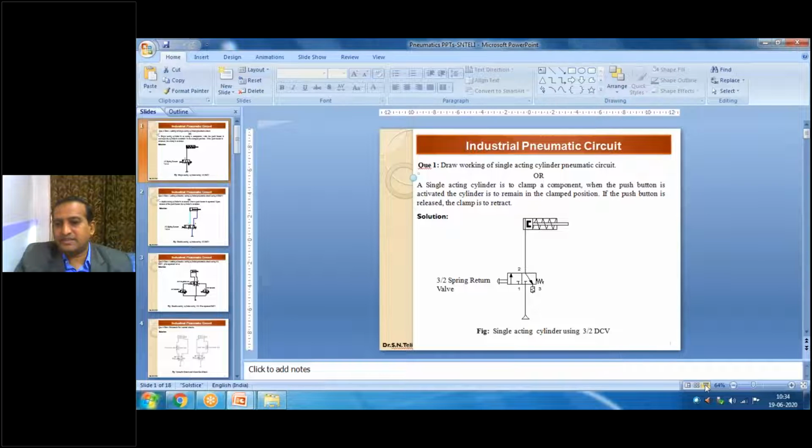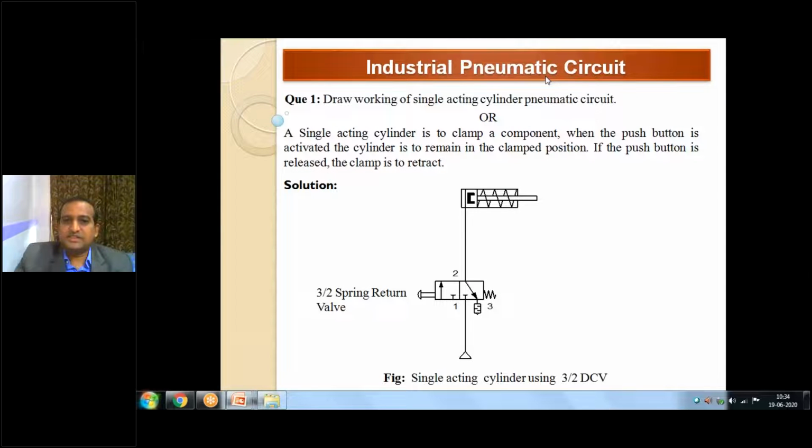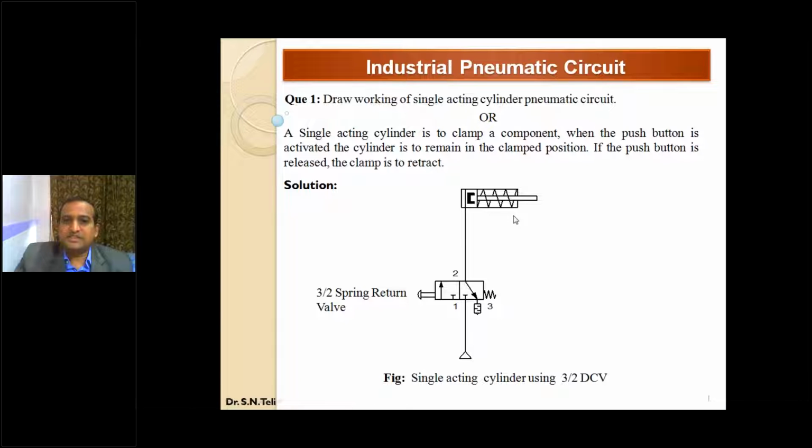Then pneumatic systems, then there is a mechatronic system. Just quickly, I'll show some PPTs first. The single acting cylinder. This is a 3x2 valve, and in a single acting cylinder there is a spring. Due to spring return, it comes back.